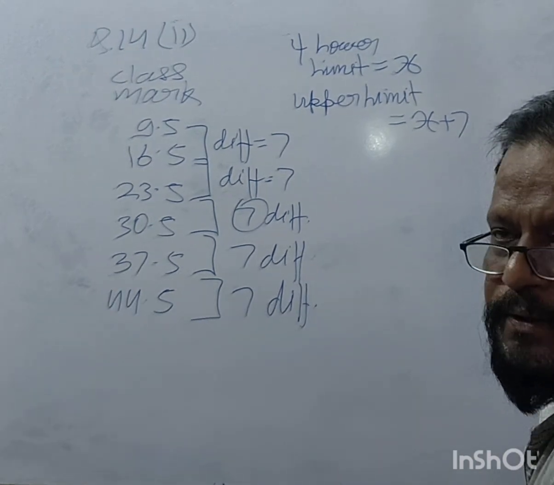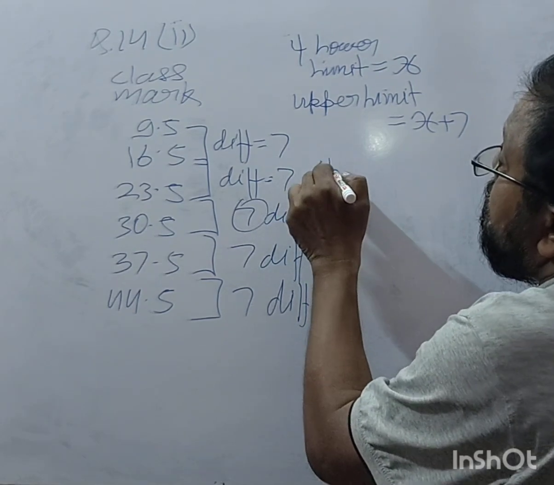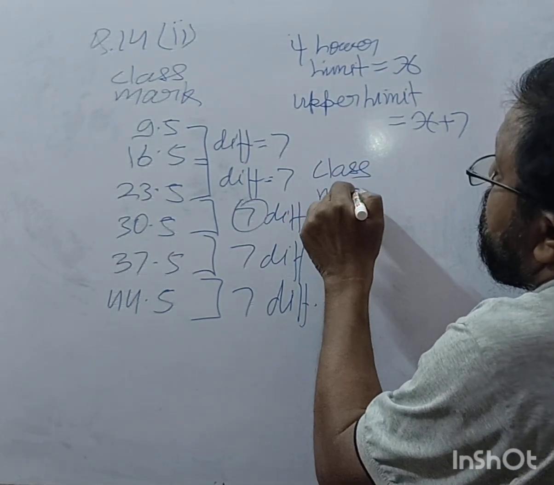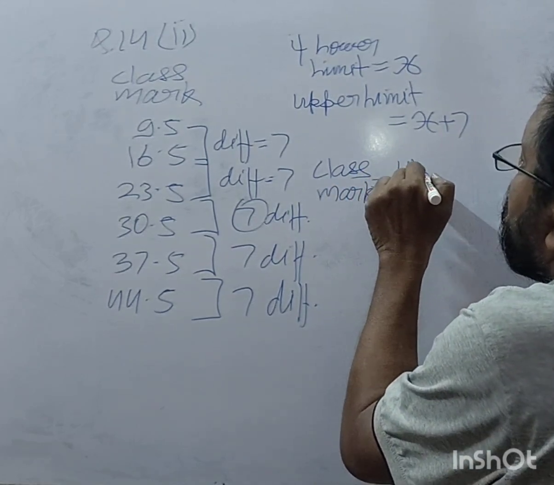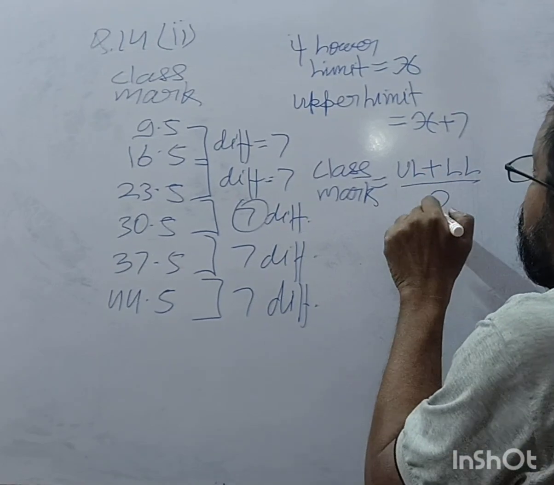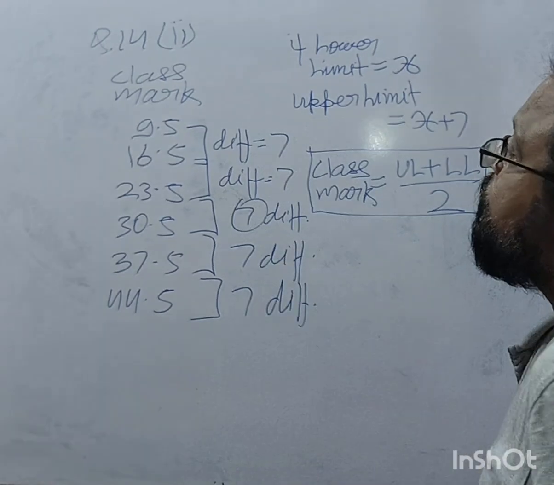So the class mark is equal to upper limit plus lower limit divided by 2. This is the formula for getting the class mark.